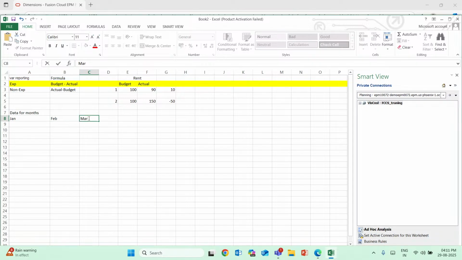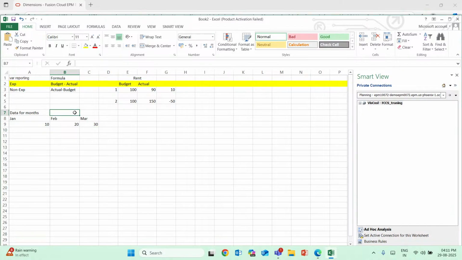Okay, so let's take 10, 20, 30. How the data is going to be aggregated, this is all about time balance.